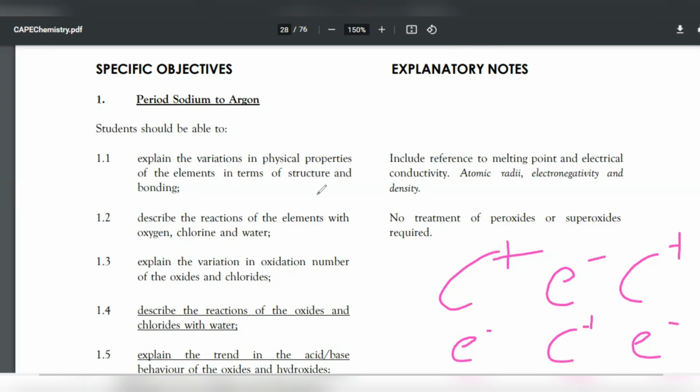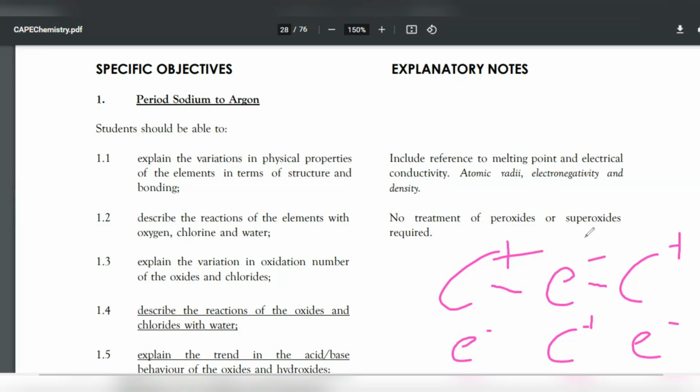Now, along with that, and I'm jumping a little bit and mixing it, along with the fact that they have high melting point, high boiling point, and they're solids, they're also dense because the particles come close together. The electron pulls them close together because of their mutual attraction for the electrons. So this cation is attracted to this electron, so it draws close to it, and this cation is attracted to this electron, so it draws close to it.